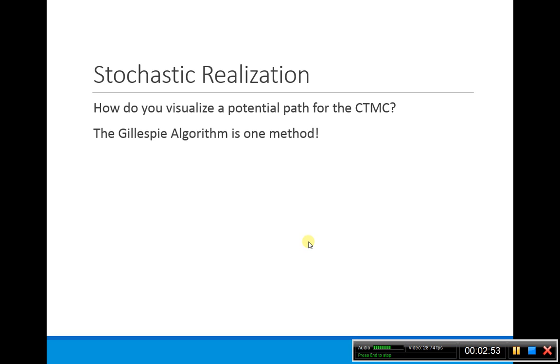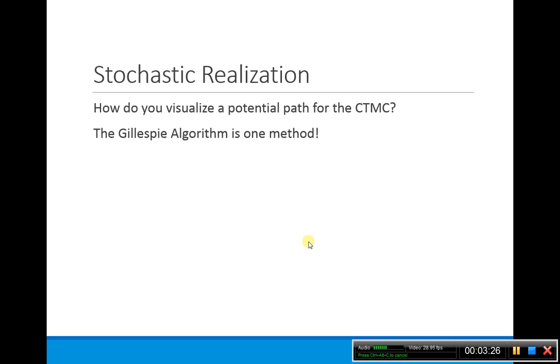Just to give you a heads up about the different methods out there, some of the methods are called tau leaping. Instead of what we do in the Gillespie algorithm, where we consider one transition at a time, asking when the next transition is going to take place and where it goes, in a method like tau leaping you consider, if I take a longer period of time, how many transitions would I have made, and where would I have likely gone in all of that period of time.